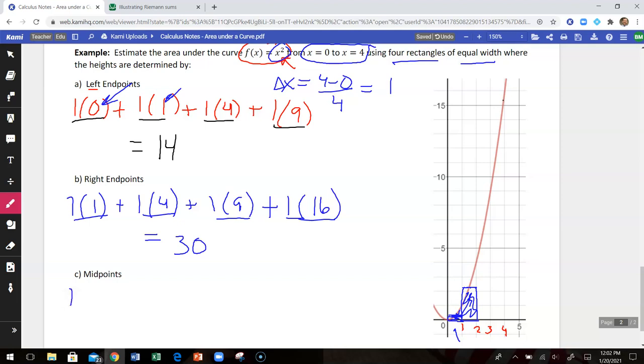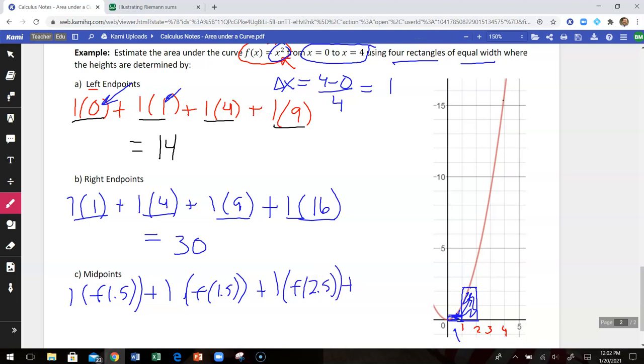Now, just to show you what this is going to look like, what I'm really doing is 1 times f of 0.5 plus 1 times f of 1.5 plus 1 times f of 2.5 plus 1 times f of 3.5.